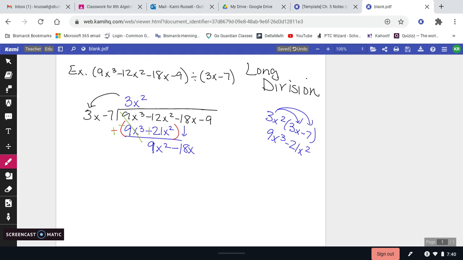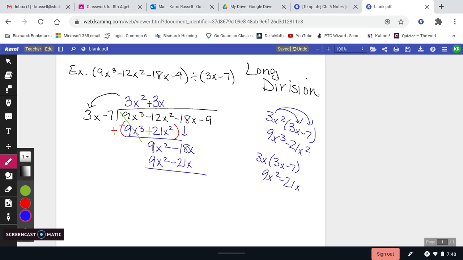So I need something to multiply times 3x to equal 9x squared. That's going to be a 3x. Again, I'm going to multiply that. So 3x times 3x minus 7. So 9x squared minus 21x.